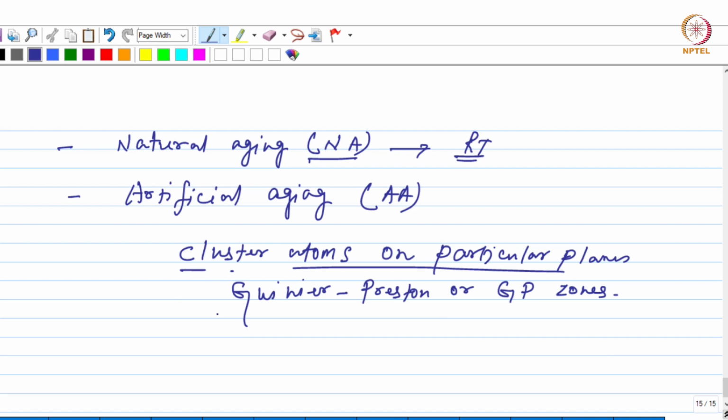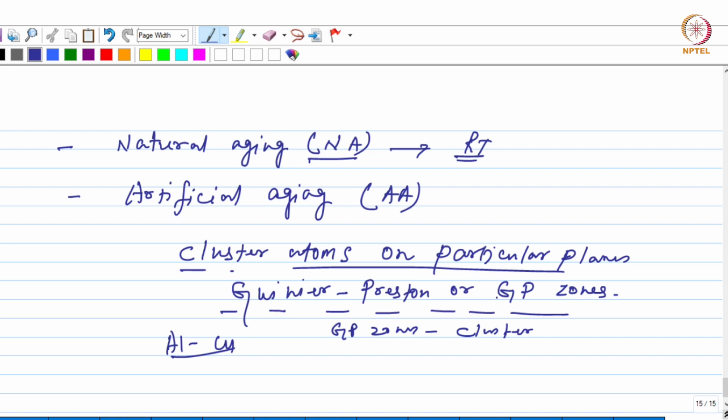Okay, and the atoms which are now forming as clusters in these GP zones are the solute atoms, which are different from the parent atoms, right? For example, in the aluminium copper system, this will be the cluster of copper atoms, which are quite different from the parent aluminium atoms, and therefore there will be certain mismatch between the GP zones and the parent matrix.